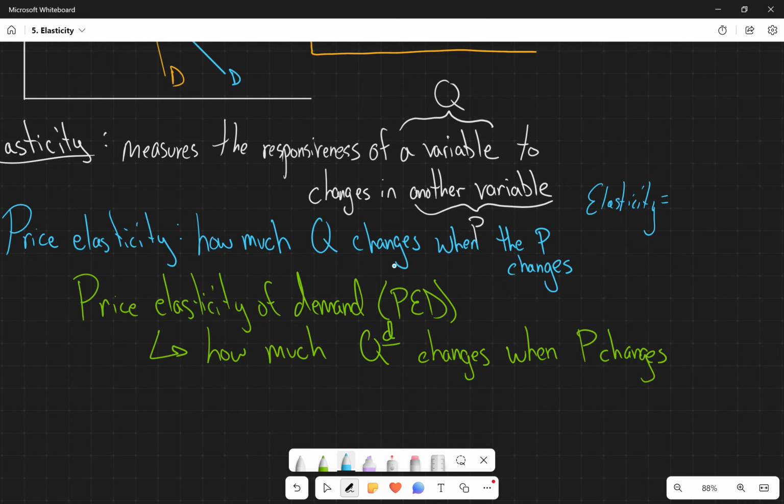So it's a percentage change. Triangle is our mathematical notation for change. So percentage change in Q when our price changes. Now we have to unpack this percentage change thing.